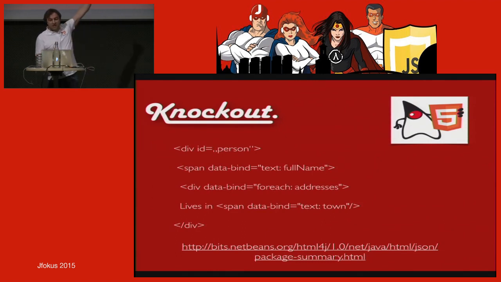For example, here I have this span, and I bind the text to the full name. Very easy. And I can also iterate over the list. So I say for each addresses is this list of addresses. And then inside of this div, I can access the properties of these individual addresses. So it's a really nice, simple way of programming.